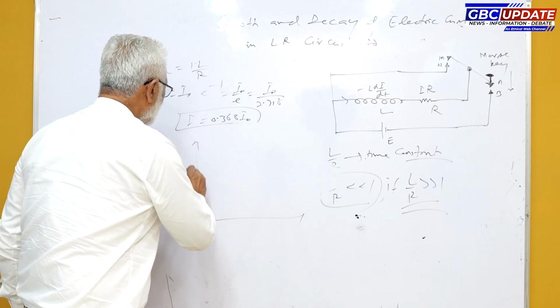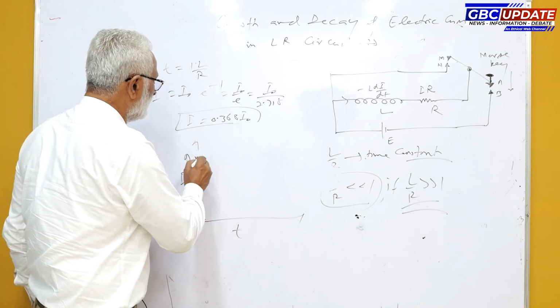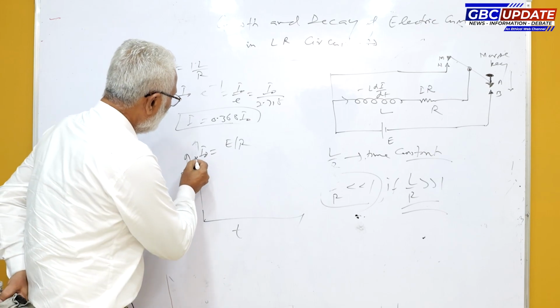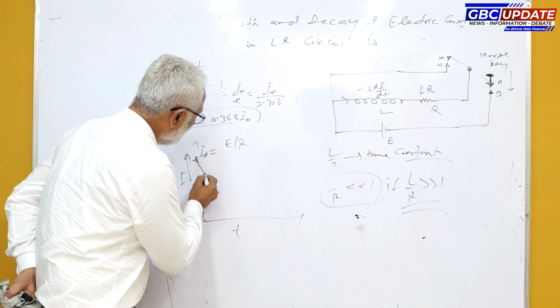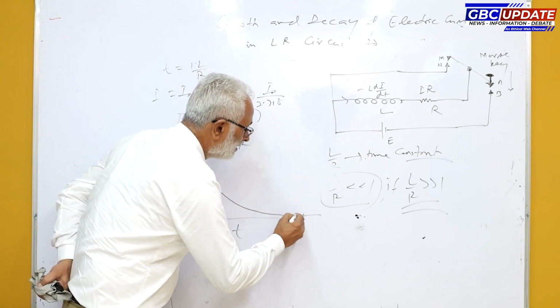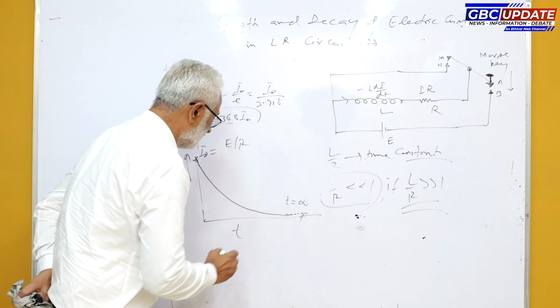Now again taking current along the y-axis and time along the x-axis. Initially in this case current is I naught, which is equal to E over R, and decreases exponentially with the passage of time. So again this curve will meet the time axis after t is equal to infinity.